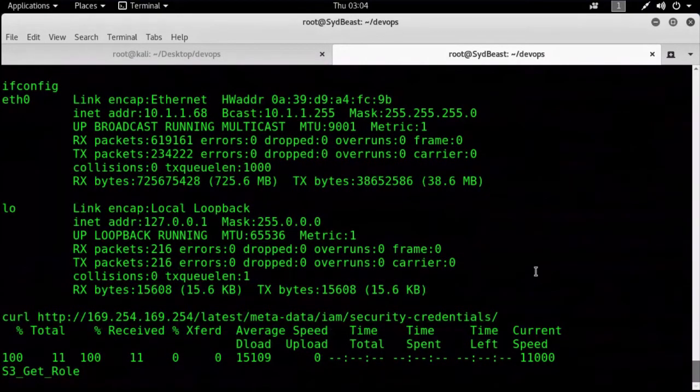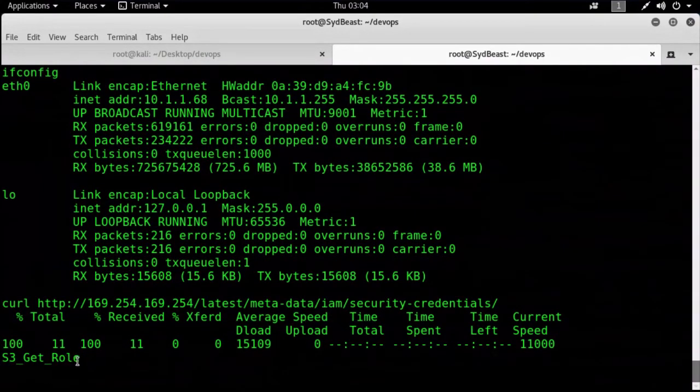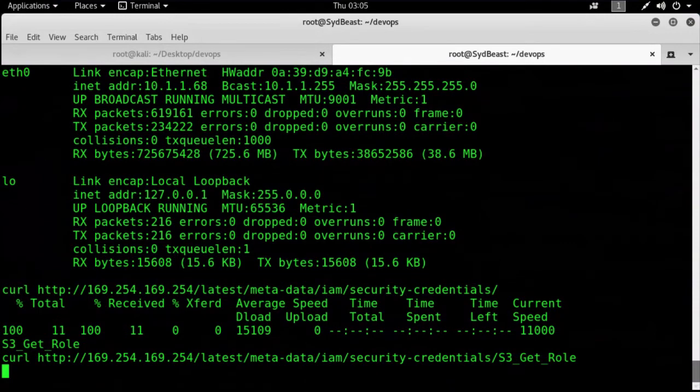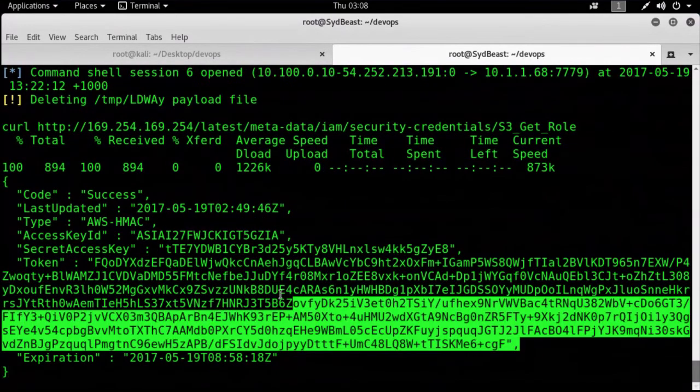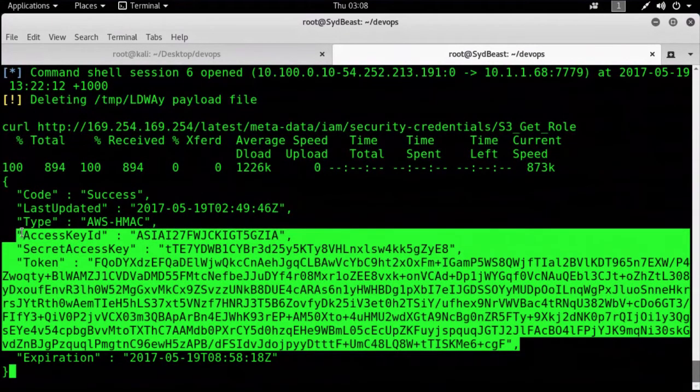In this case, we're looking for the security credentials or the name of the assigned IAM role. We can see here we get this S3_get_role_name, and this is the name of the role. In our lab and our demonstration, what we're showing here is essentially that this particular role in IAM may not have been configured correctly.